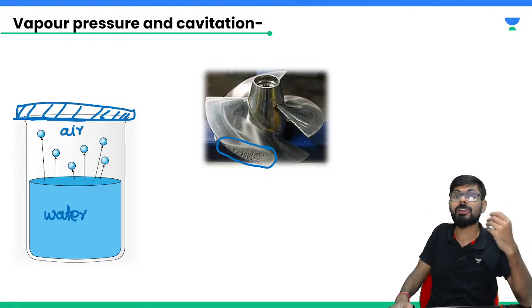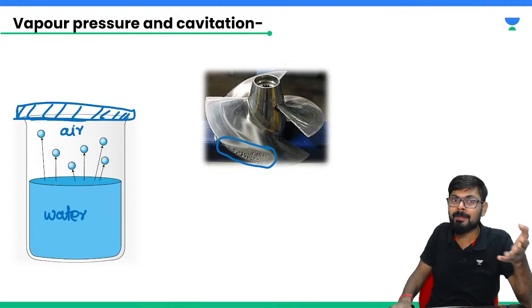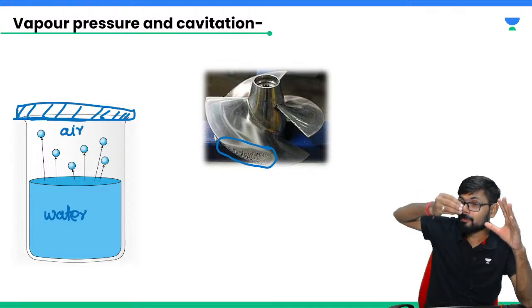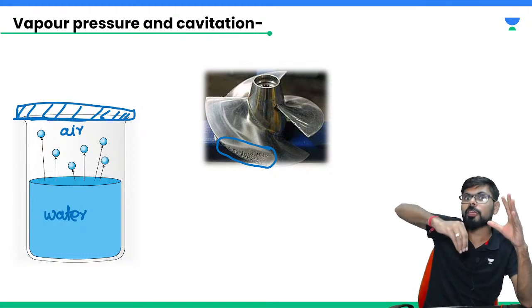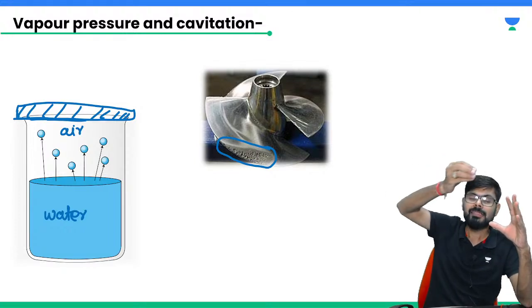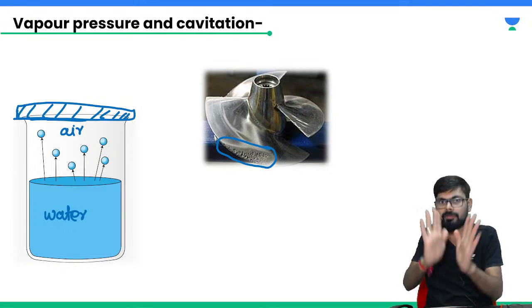That condition is called saturated condition or phase equilibrium condition. There may be evaporation, but whatever number of molecules evaporate, the same number of molecules will condense. So net evaporation will be zero.